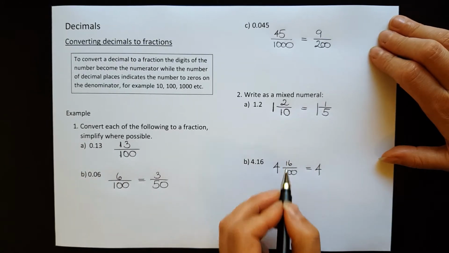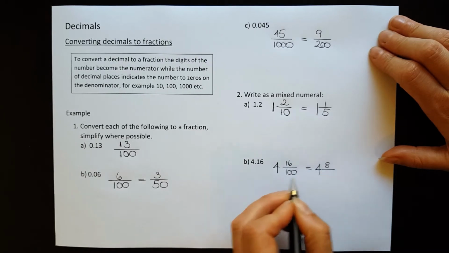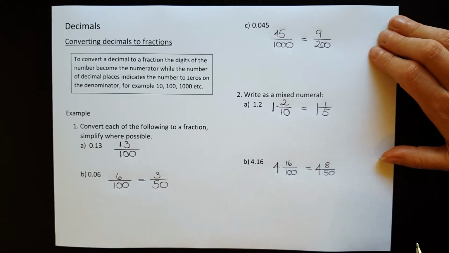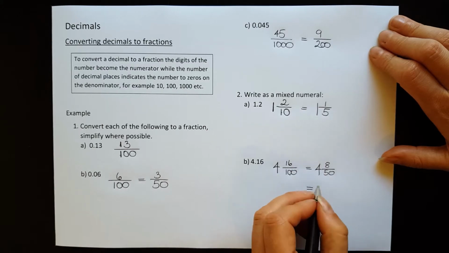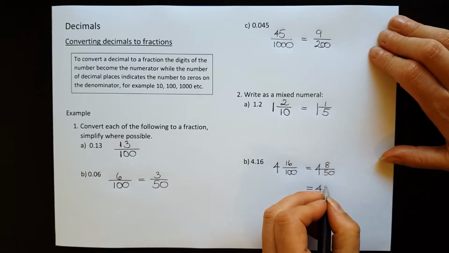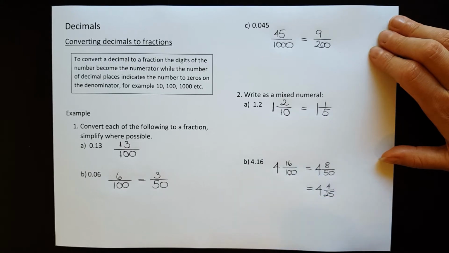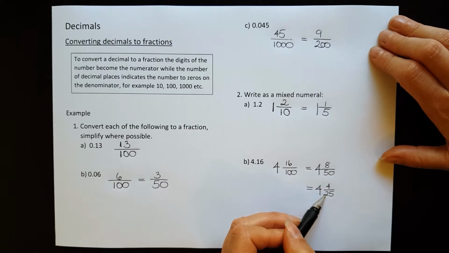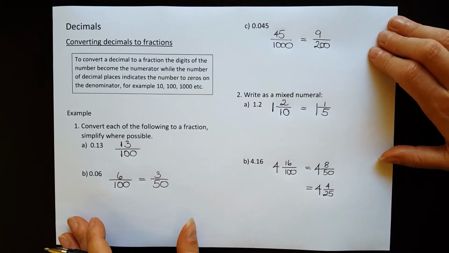So if I divide by 2 on the top, I would get 8 over, dividing this by 2, I get 50. Now each of those can be divided again by 2 to give a 4 on the top and a 25 on the bottom. This could divide by 2 again, but this one can't, so that cannot be simplified any further. And that's it for those questions.